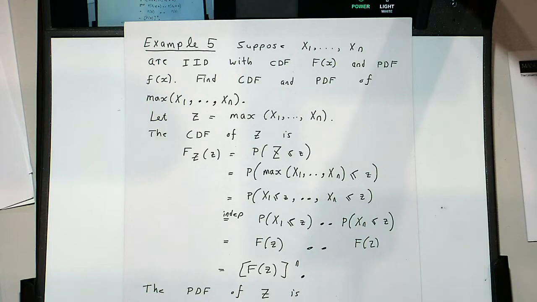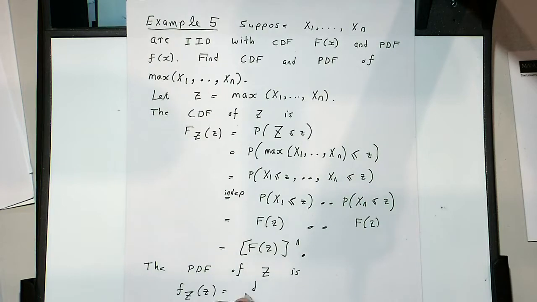Now for the PDF, just for convenience, let's assume that the random variables are continuous, because otherwise you need to do something else. If we assume everything is continuous, then the PDF is simply the derivative of the CDF.